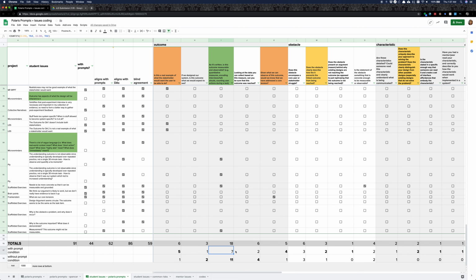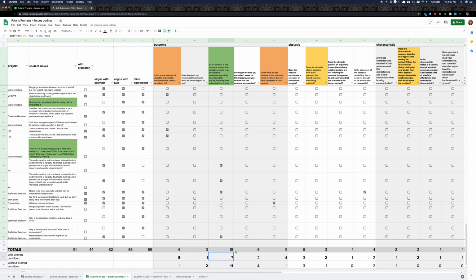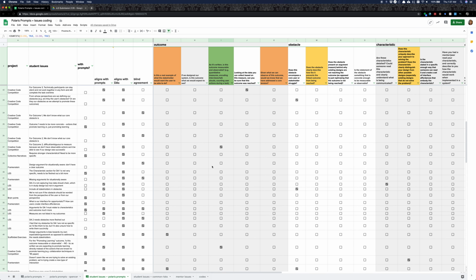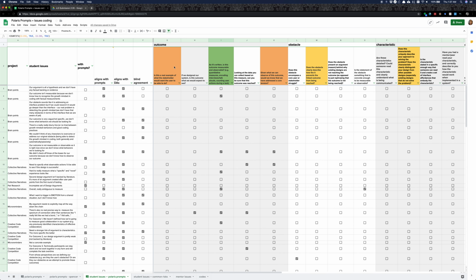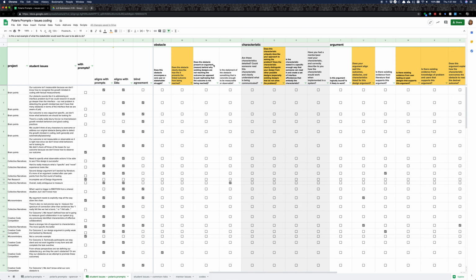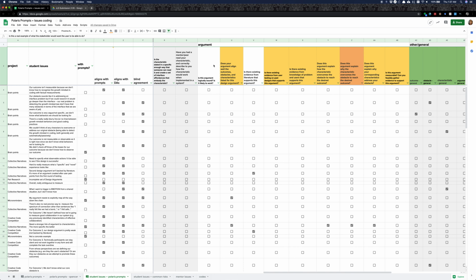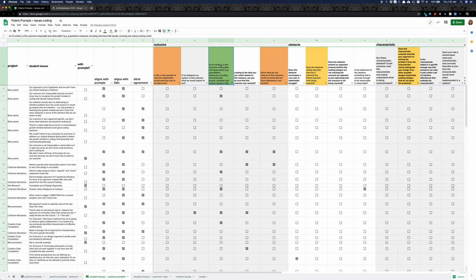So these color codes that you see at the top, we'll go over the green issues first. The ones tagged in green are ones that students were actually performing pretty well on before the prompts were introduced as an intervention. So in the without prompt condition, these students were pretty good at catching this type of issue in their own design arguments.